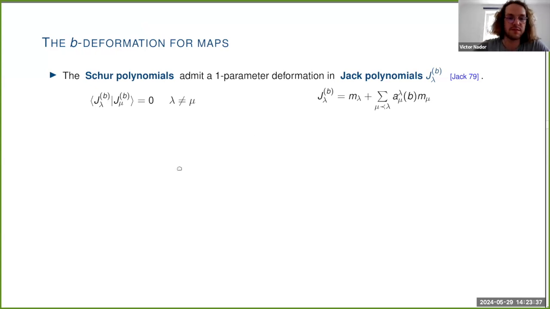The Jack polynomials can be defined by the property that they are orthogonal to each other, and that they only expand over smaller partitions in the monomial basis, with coefficient 1 on the leading term. And this defines them uniquely.